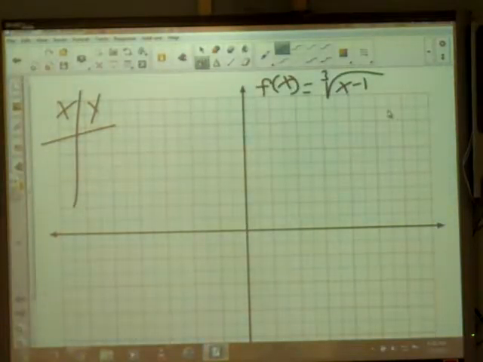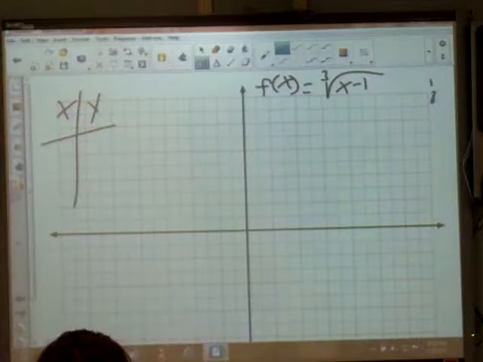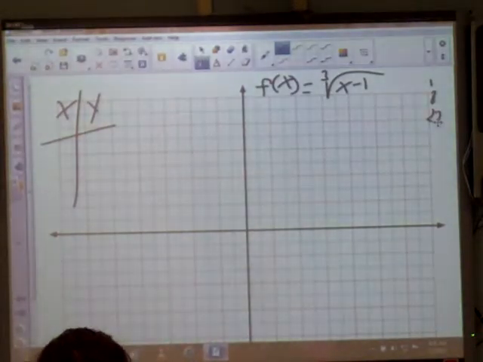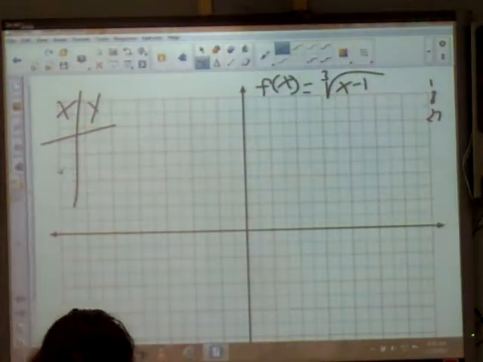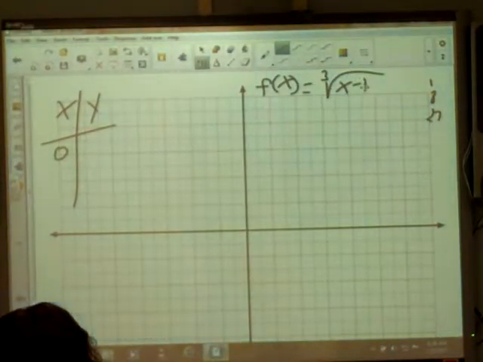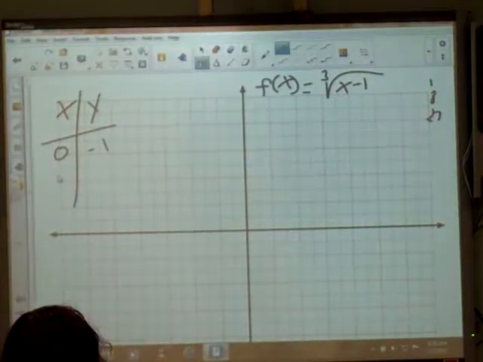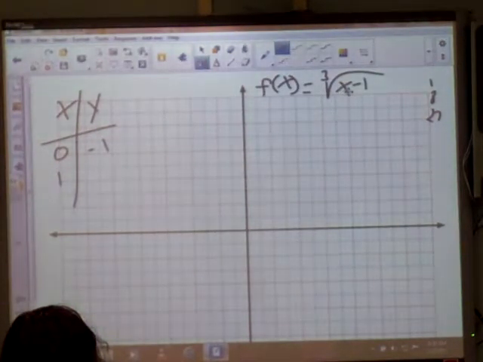So let me see some perfect cubes. I know I got a 1, an 8, 3 cubed is 27. Alright, plug a 0 in. 0 minus 1 is -1. The cube root of -1 is -1. I can plug a 1 in. 1 minus 1 is 0. Cube root of 0 is 0.